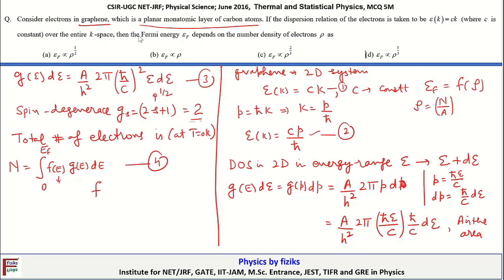The properties of this function, the Fermi-Dirac probability distribution function, are as follows. Let me insert another page here.